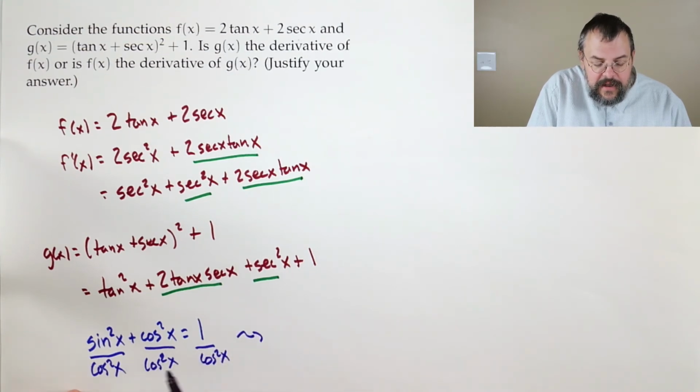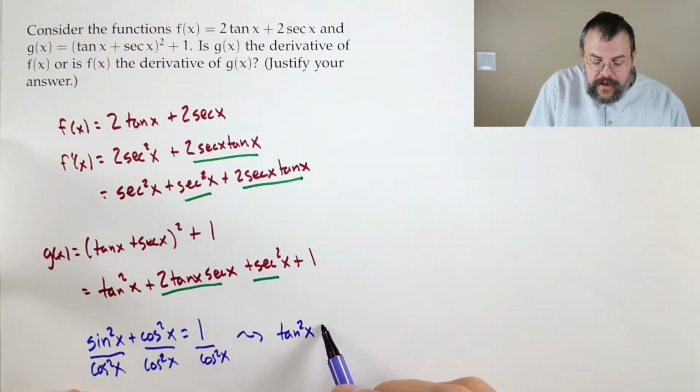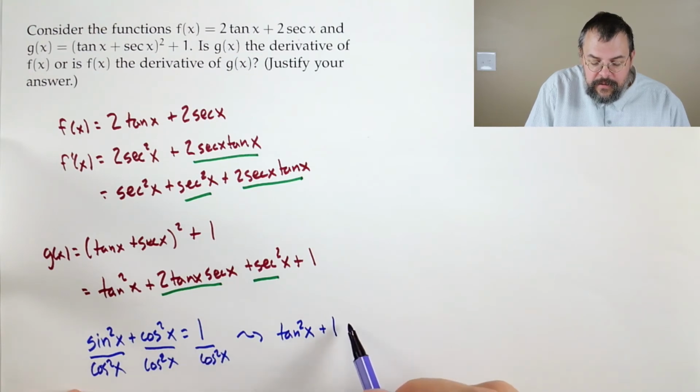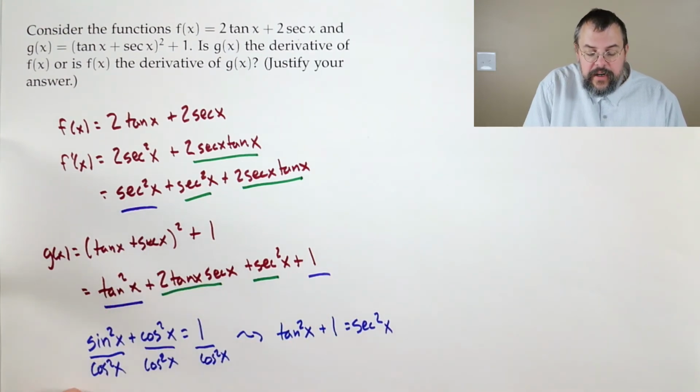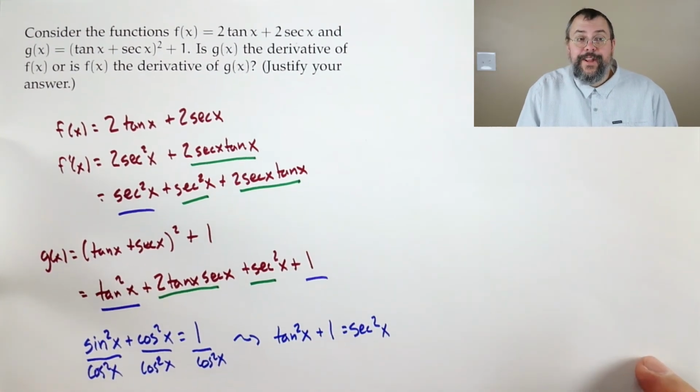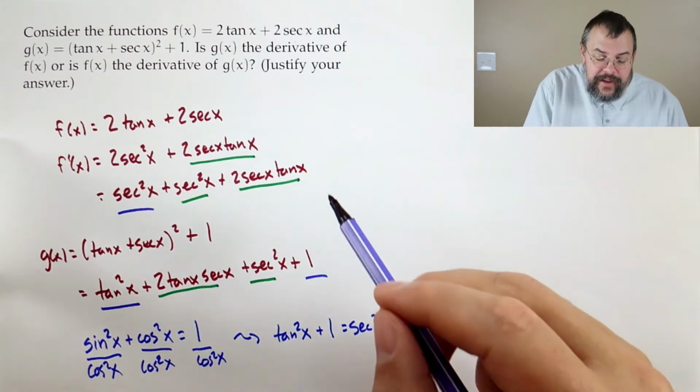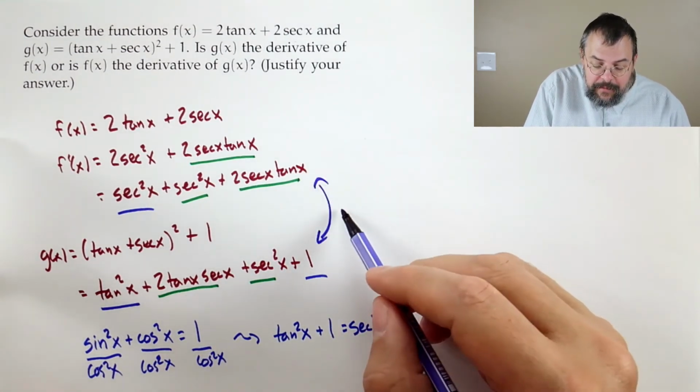And what do we get? Sine over cosine makes tangent squared. Cosine squared over cosine squared, 1. 1 over cosine squared is secant squared. So, tangent squared plus 1 is secant squared. Exactly what we need. So these are the same.